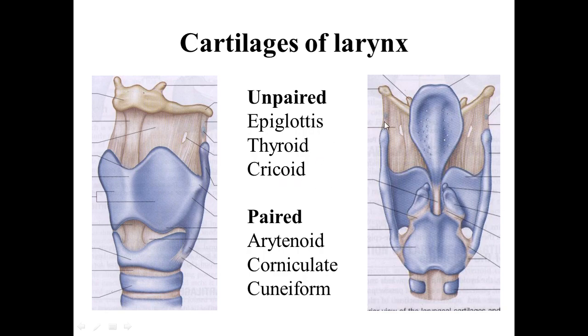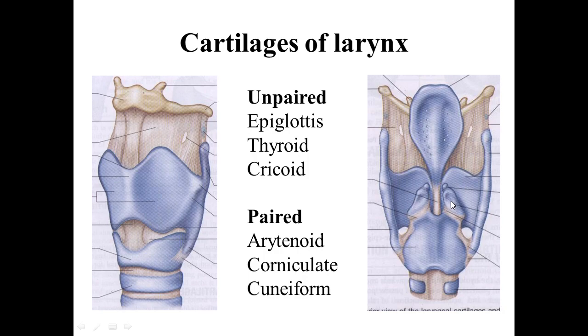Unpaired cartilages are the epiglottis, this leaf-shaped epiglottis, then the thyroid cartilage, and just below the thyroid cartilage, the cricoid cartilage. And 3 paired cartilages are arytenoid cartilage, corniculate cartilage, and cuneiform cartilage.